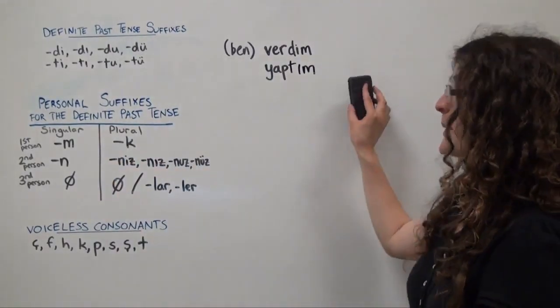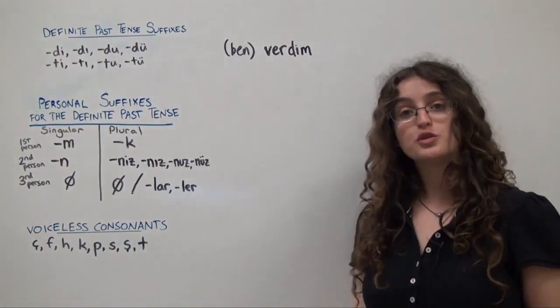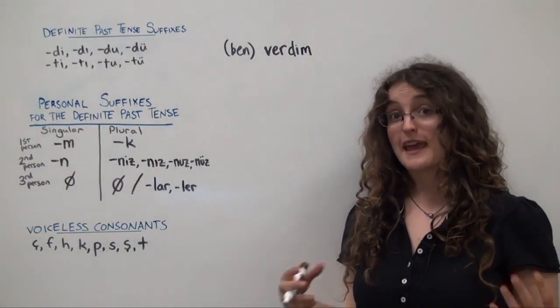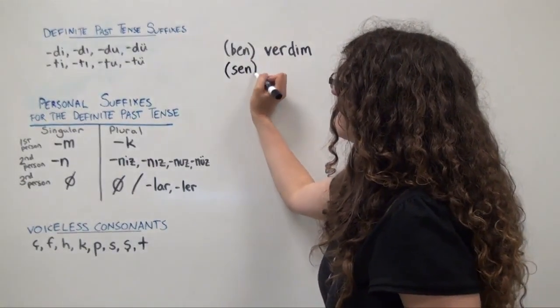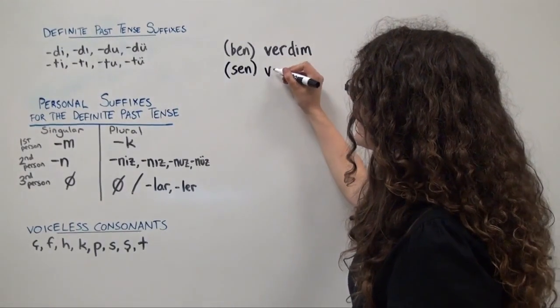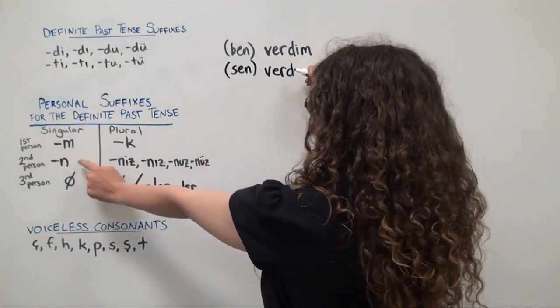Now, let's go back to vermek and see how we could form the phrase you singular informal gave or have given. Sen, optional, verdin.